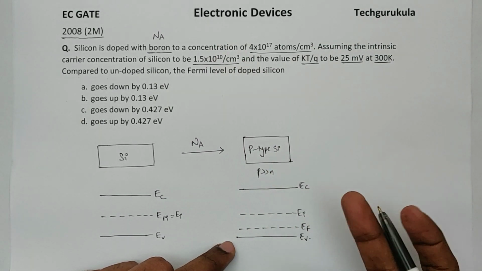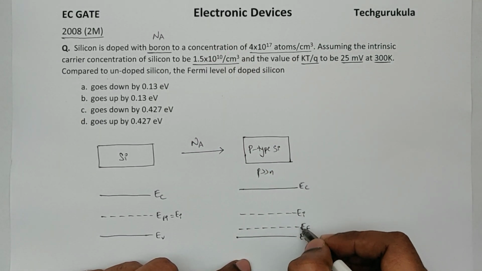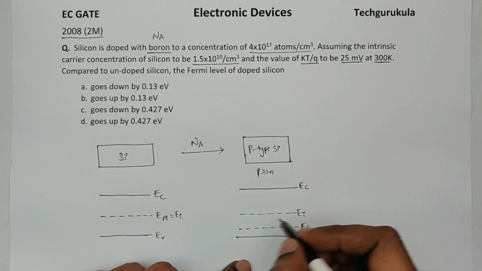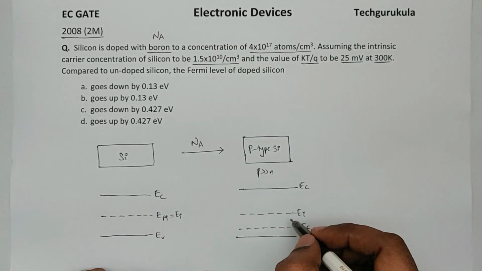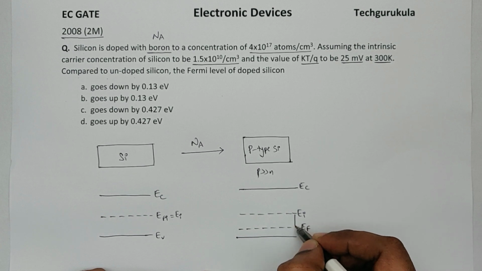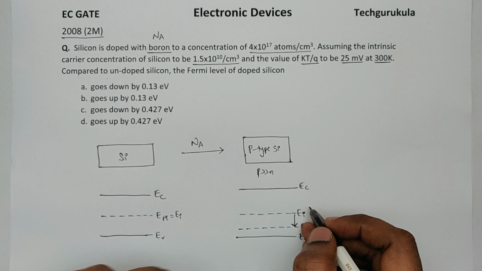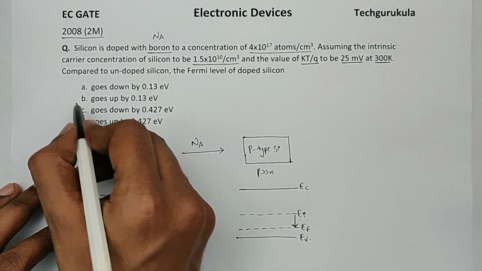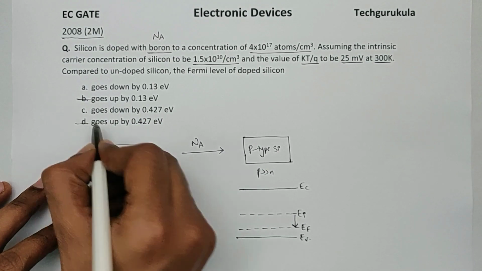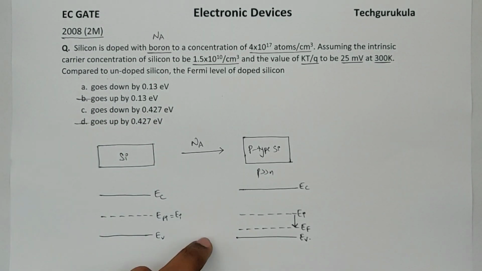Now given it is p-type semiconductor, EF would be below EI. So if you compare this with respect to an undoped silicon, for p-type the EF goes down below EI, with respect to intrinsic semiconductor. So going up is not an option, it's going to go down.